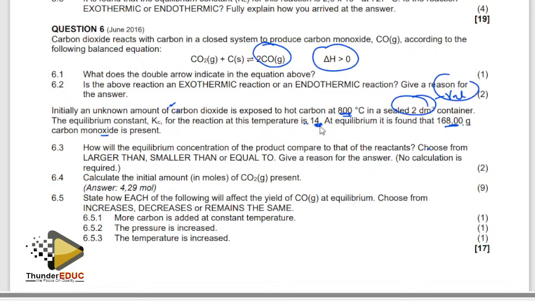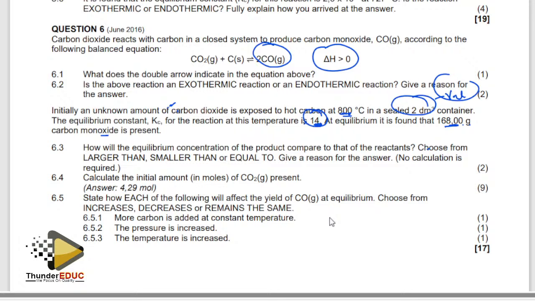Oh, this is 14. So if the Kc is bigger than 1, then it means that the product is more than the reactant. If the Kc is less than 1, then the product is lower than the reactant. Let me give you an example.